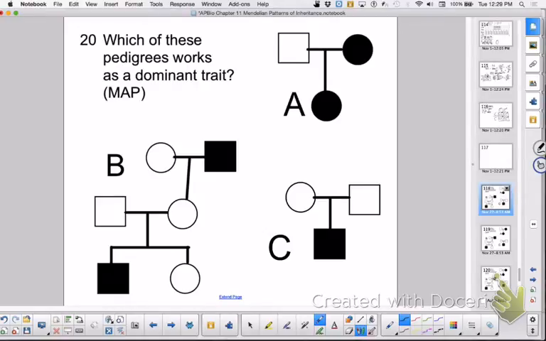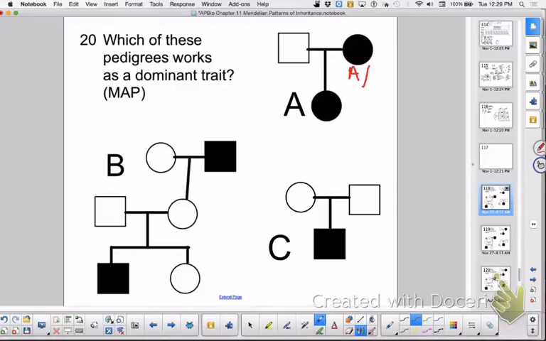In these scenarios, you'll have scratch paper for your quiz. What I would do is write it down on the scratch paper and see if each one works. So let's go through and do this. If this were a dominant trait, in order to have the disease, I would have at least one big A. Do you agree?